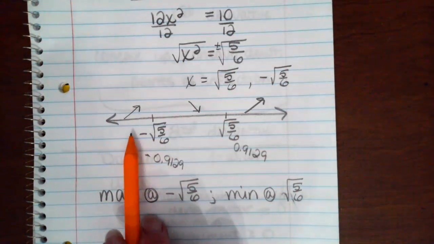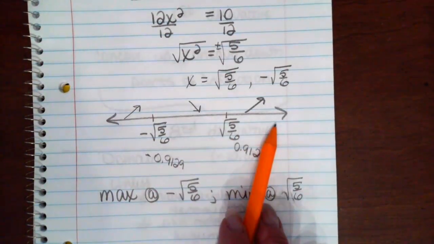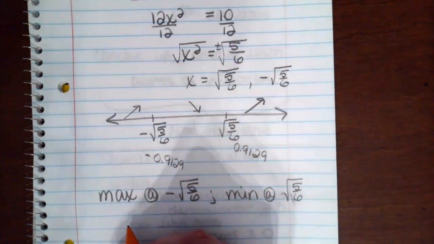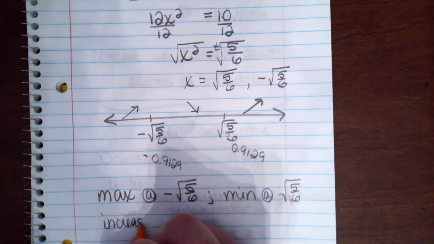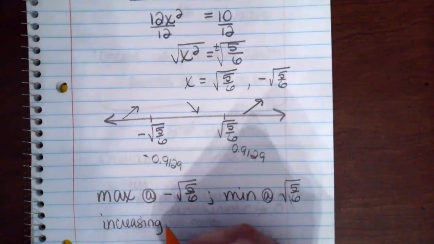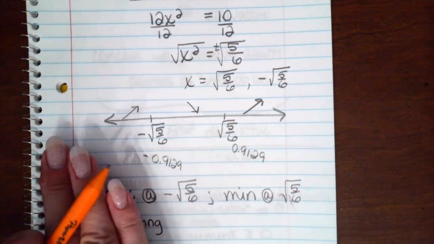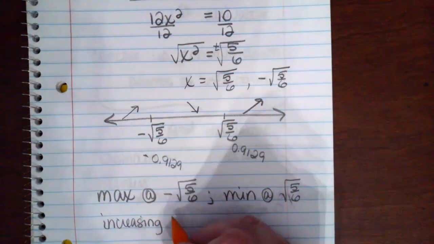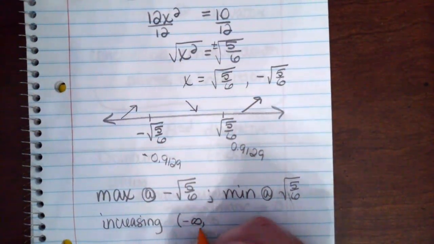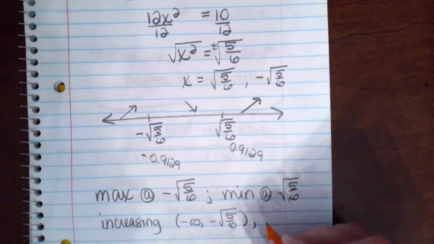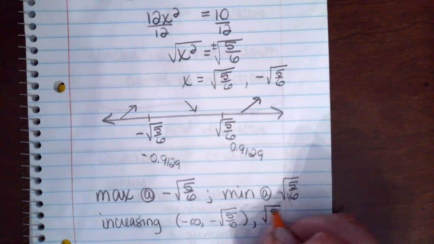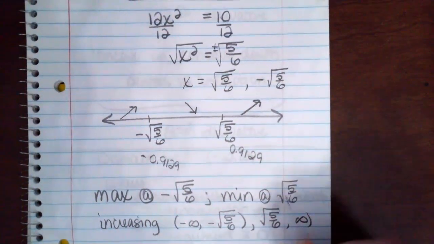All right, so we know where it's increasing, we know where it's decreasing, we know where it's increasing. So where is my function increasing? It is increasing from negative infinity until I get to negative root 5/6, and again from root 5/6 to positive infinity.